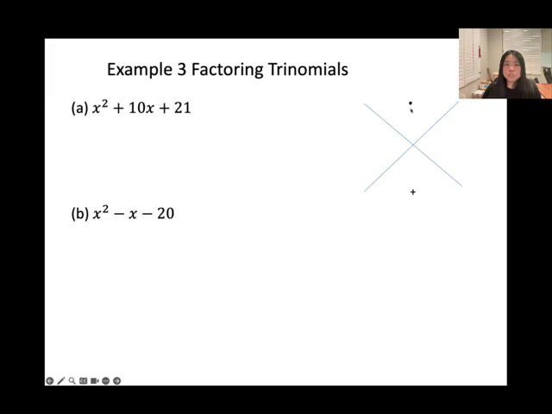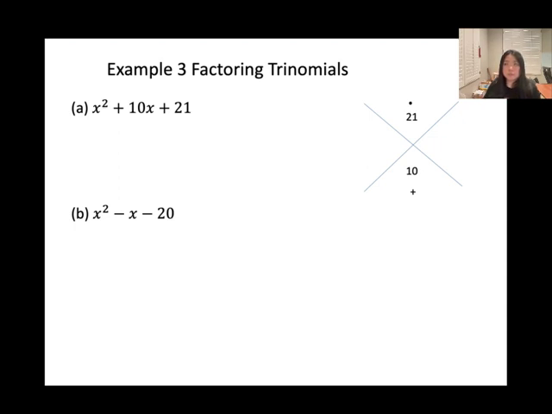Okay, we're just saying that we need to find two numbers. p times q equal to 21. So I put the 21 on the top. And then we need to find two numbers where p plus q has to be equal to 10. Okay, so think about it. I need to find two numbers. When they multiply, it's going to be equal to 21. When they add up, that's going to be equal to 10.